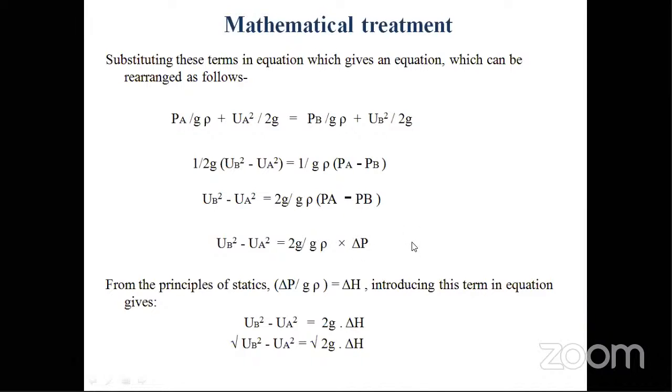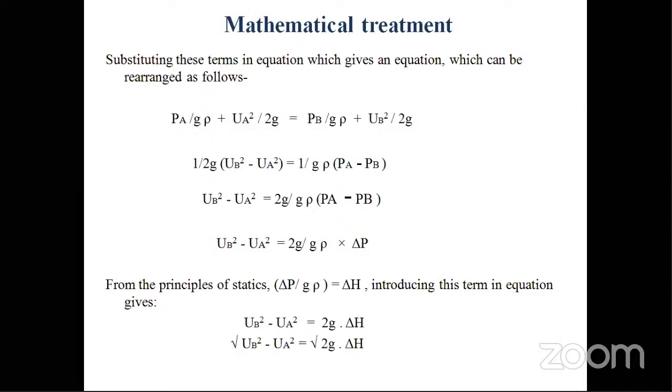From the principle of statics, we know that if pressure is divided by the gravitational force and the density, and the density of both liquids is the same, then according to this equation we can calculate the pressure head.